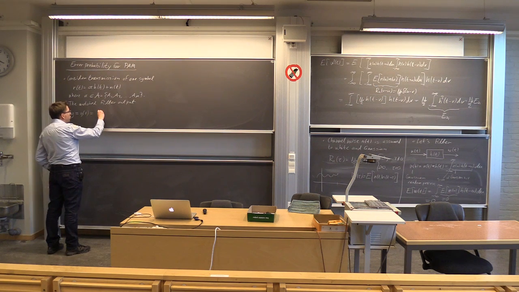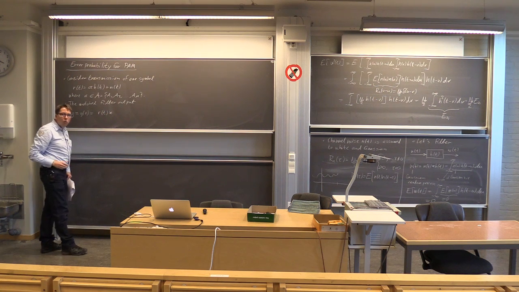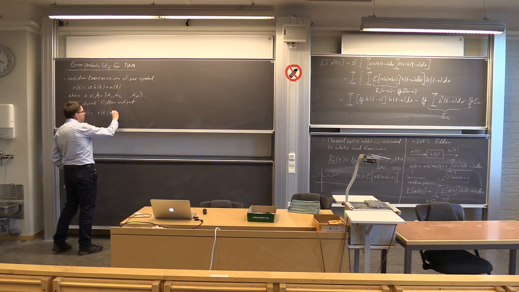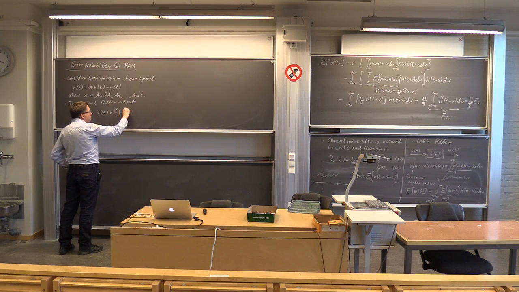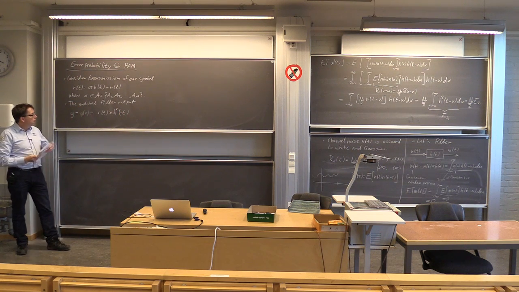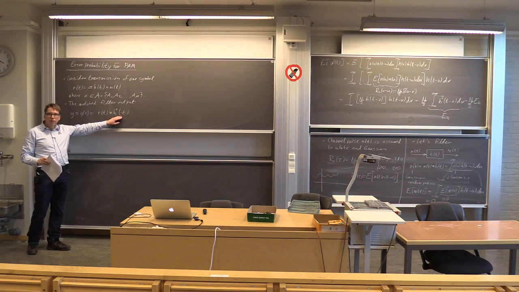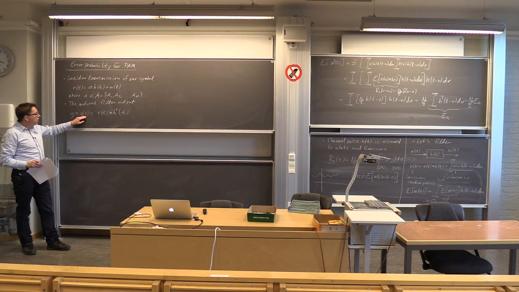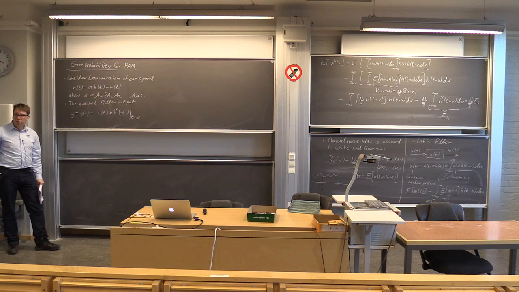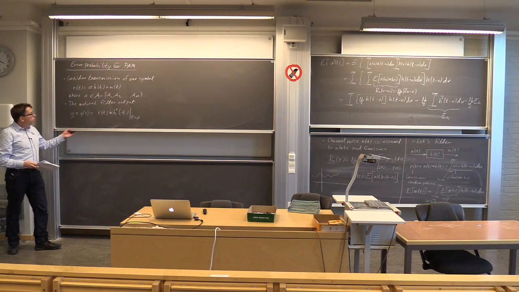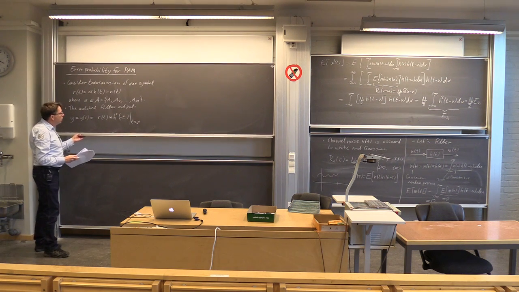And what is the output of the matched filter? Well, the input is the received signal, and then it's convolved with the matched filter impulse response. And that is the conjugate of h and then time reversed. Okay, and we're interested in the sample at time t equals 0. So we are interested in just a single sample, not the entire pulse here. So what can we say about r?